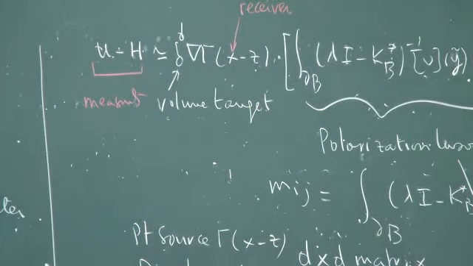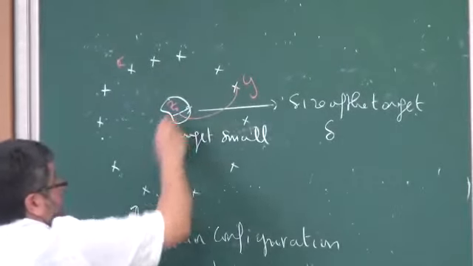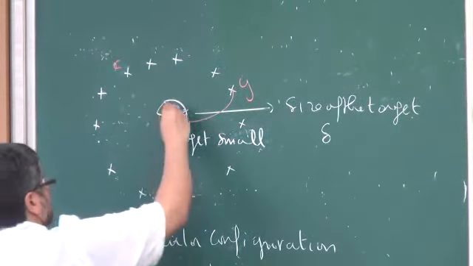Okay, so this is y, here this is d, and this is x. So you have the signal from here to here, polarized by this matrix, and then from here to here.